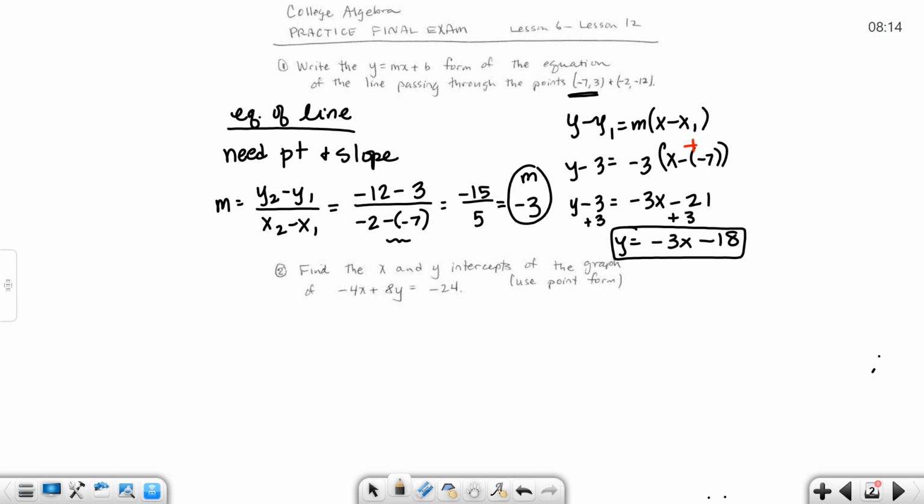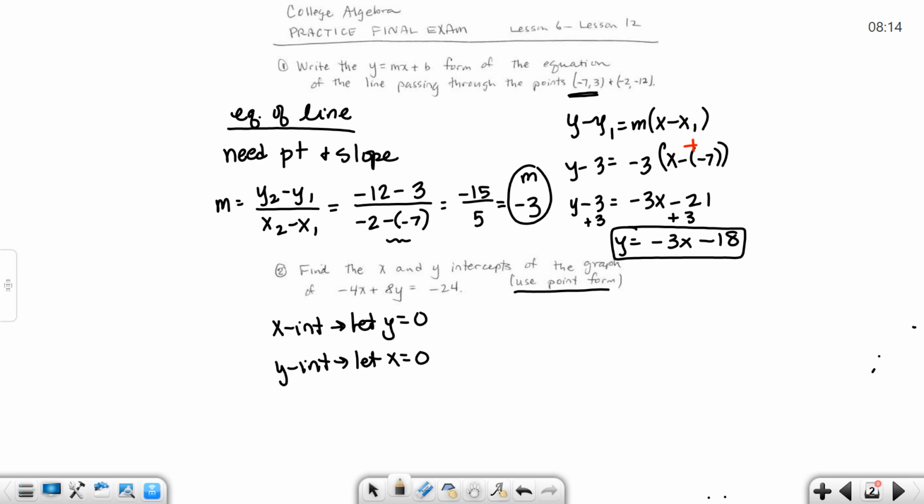All right, number 2, find the x and y intercepts of the graph, put answers in point form. Okay, so we need to remember to find an x-intercept, we let y be 0, and to find a y-intercept, we let x be 0.